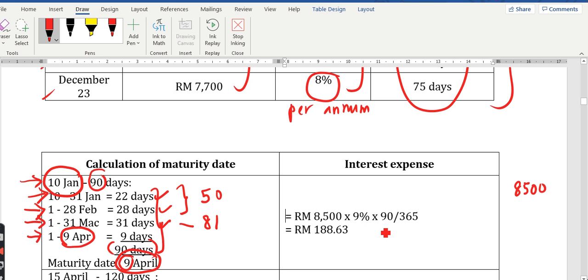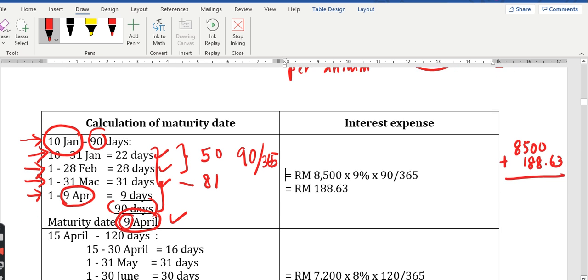Your maturity period is 90 upon 365, because we have 365 days per year. That comes to the amount of 188 ringgit and 63 cents. So the amount that I need to pay on 9th of April will be 8,500 plus 188 ringgit and 63 cents.